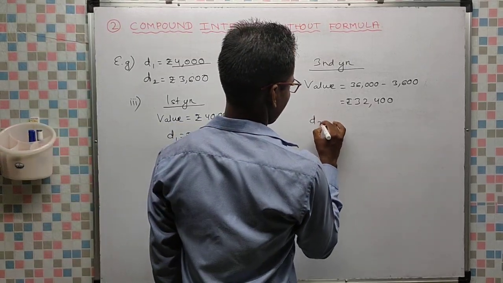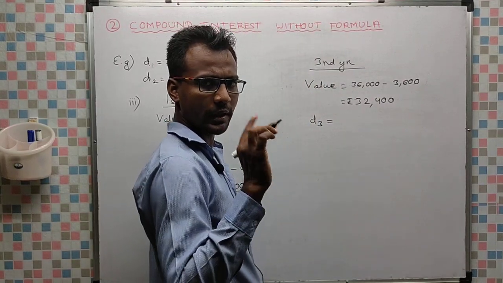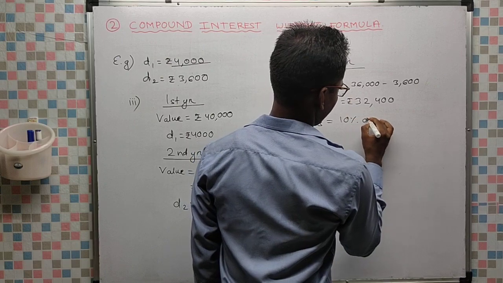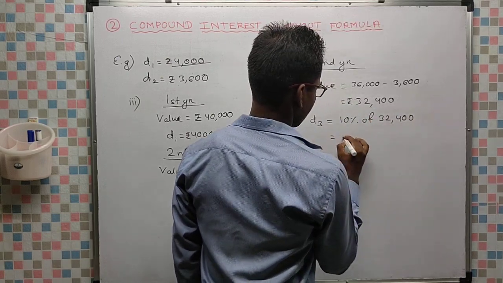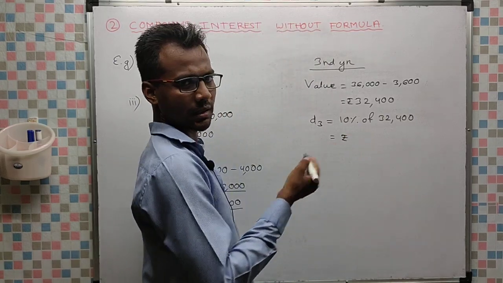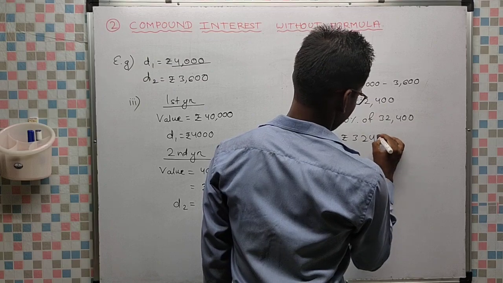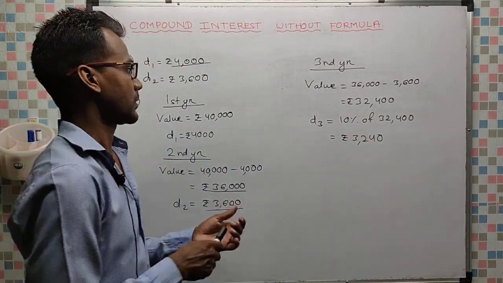Depreciation in the third year is again 10%. We calculated in the first bit that the rate of depreciation was 10%. So 10% of 32,400 rupees, 10% meaning 10 by 100 or 1 by 10, is 3,240 rupees.